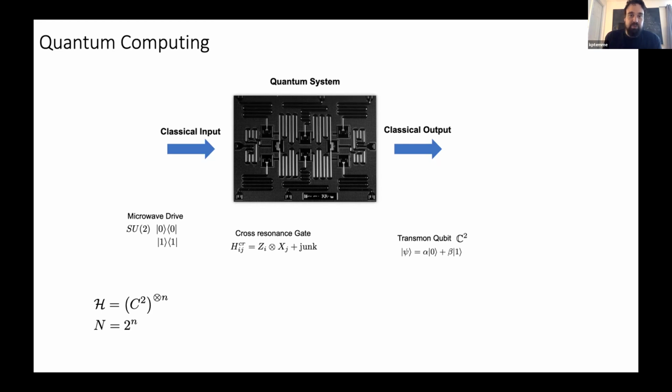The Hilbert space you're working with is just the tensor product of all these individual spin systems, i.e. (C^2)^{⊗n} for n qubits. So everything we'll talk about has Hilbert space dimension N, say, which is 2^n, and everything is finite dimensional. Everything is just matrix algebras, and that's where we work.